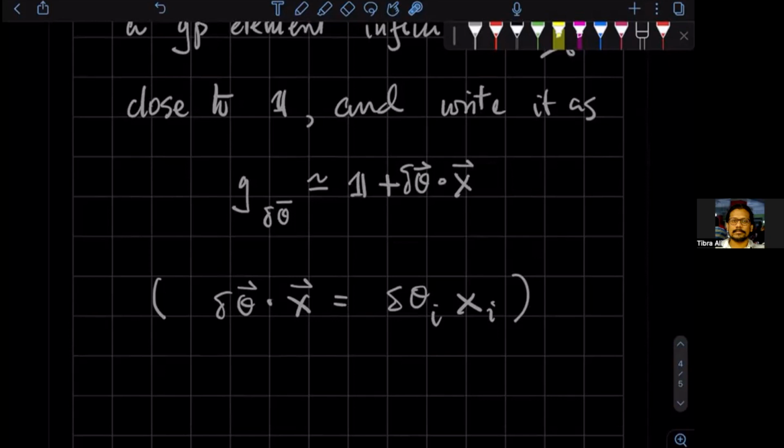Okay, so we see that there are x_i matrices.